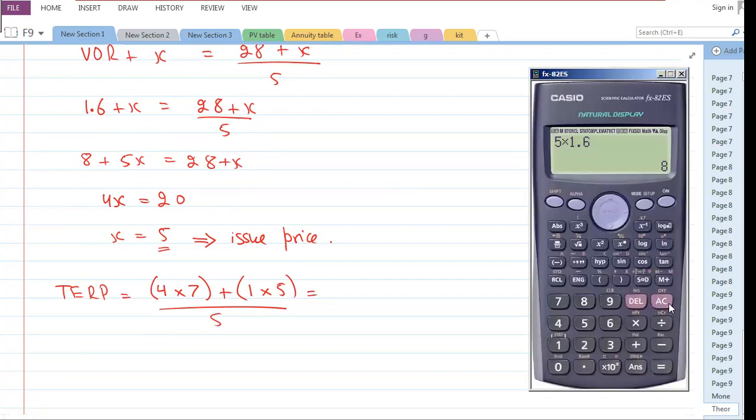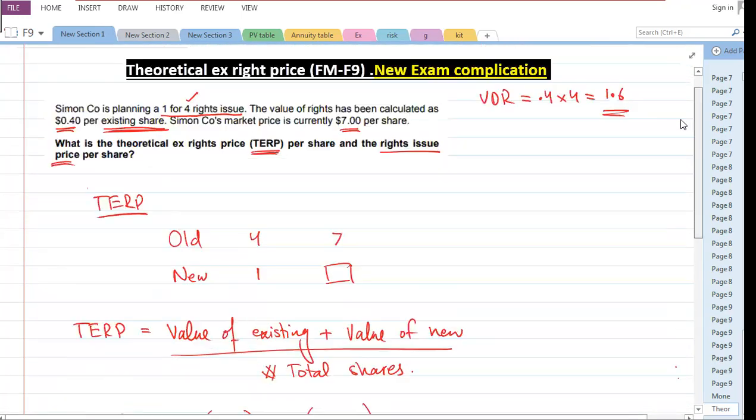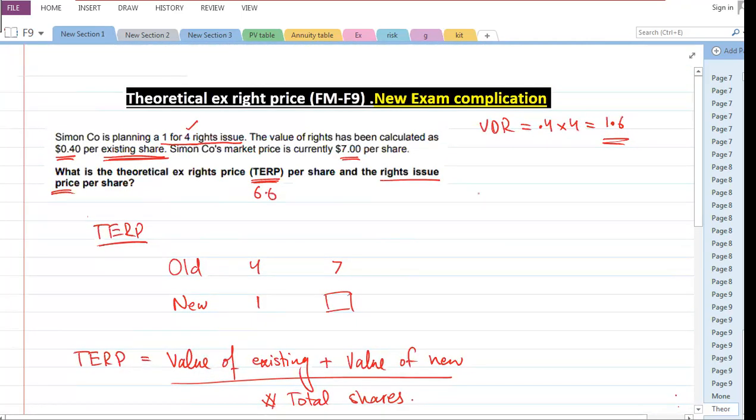So the theoretical ex-right price will be 4 multiplied by 7 plus 5, divided by 5, which is equal to 6.6. So we got the theoretical ex-right price 6.6 and the issue price also 5, right?